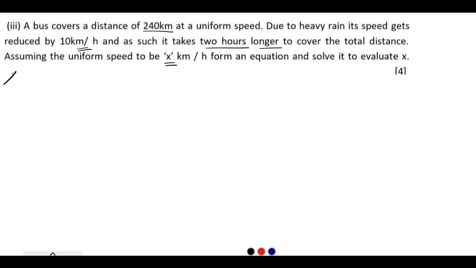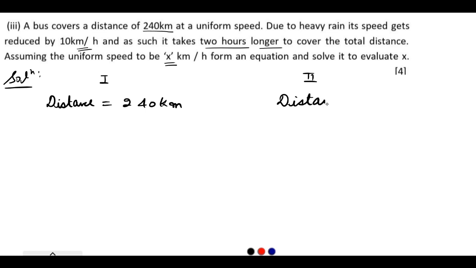Quadratic equation का क्वेश्चन है. 2 केसेस हमें कंसीडर करने हैं. In first case, distance is equal to 240 km. In second case, distance is same. This is the case of heavy rain. And this is its original speed.